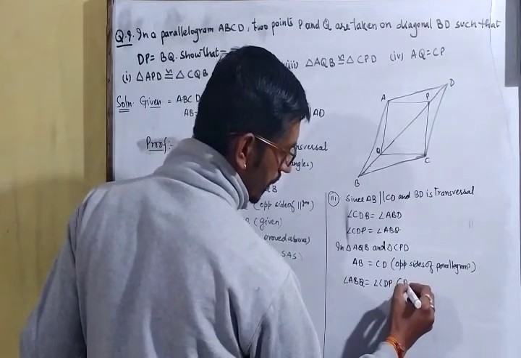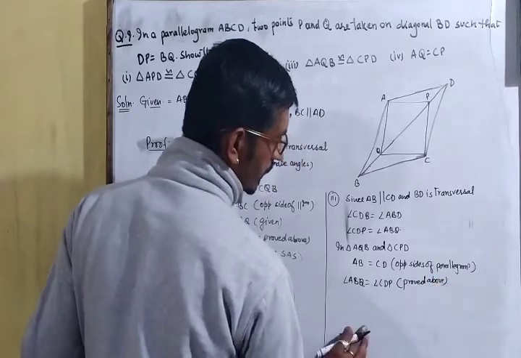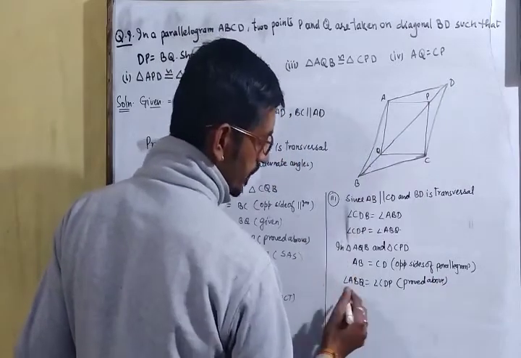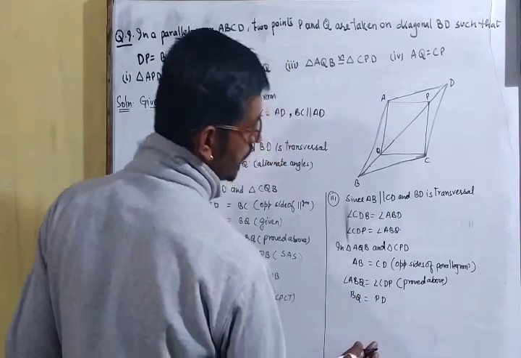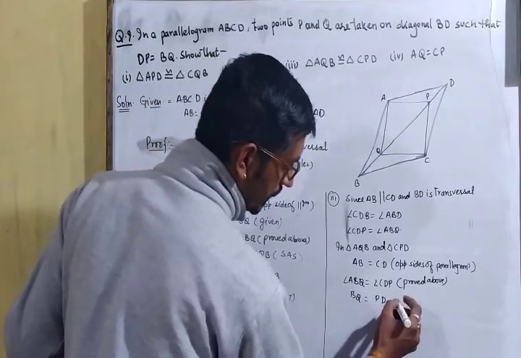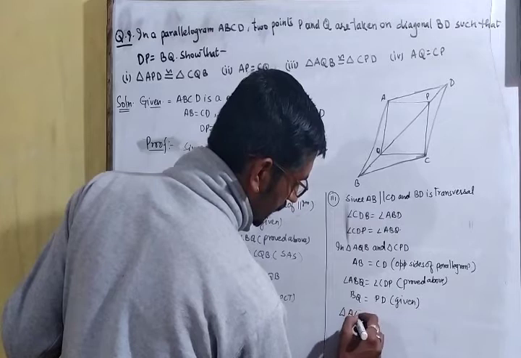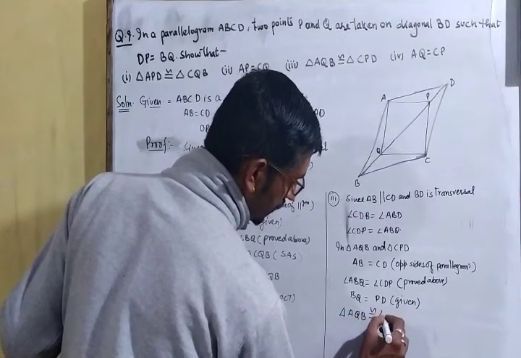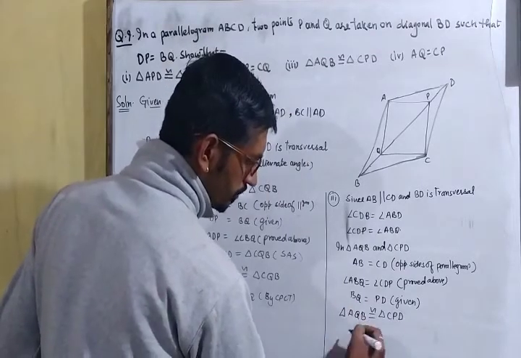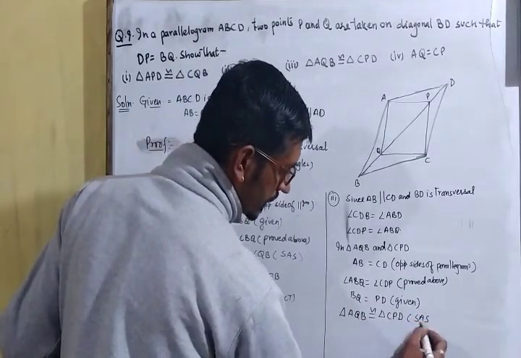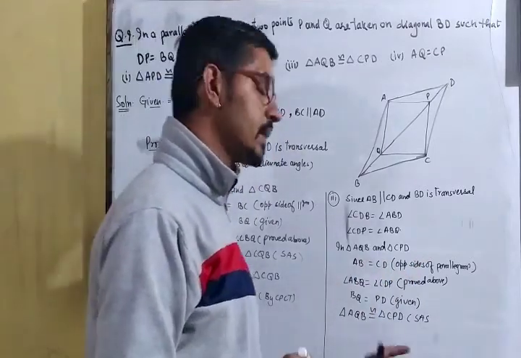Okay, proved above, you will write. Third thing, BQ is equal to PD. Okay, or you can say DP. Okay, here given. So triangle AQB is congruent to triangle CPD. Okay, so now by SAS, third thing proved, AQB is congruent to triangle CPD.